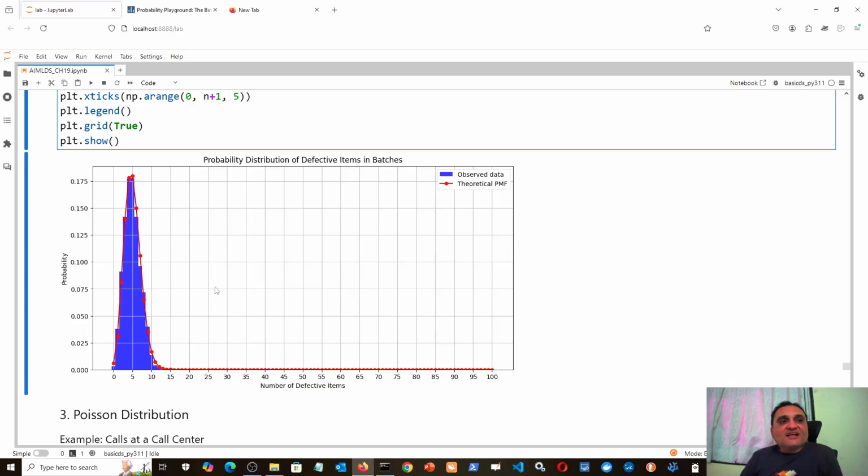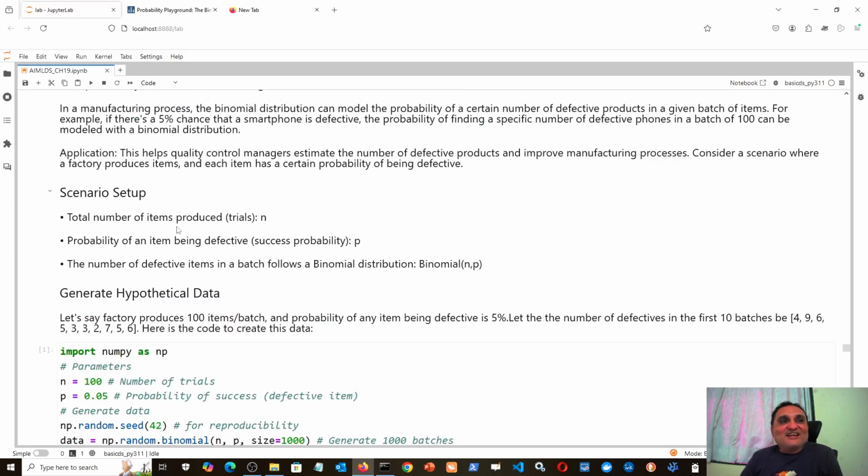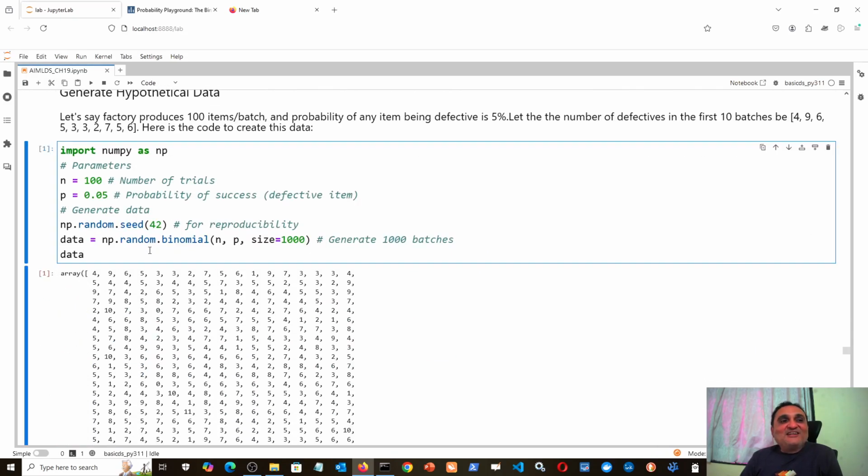And always the characteristic of this distribution is found at the mean. So on an average, the company has decided after doing this kind of experiment, and of course we have done this experiment using synthetic data, but the company will actually take 100 trials, 1,000 batches of 100 keyboards.